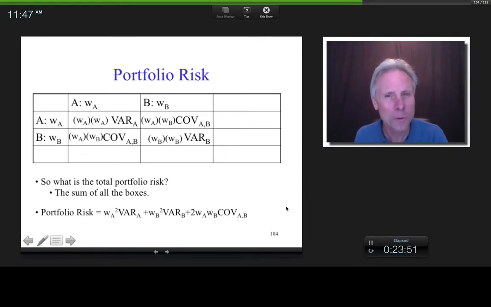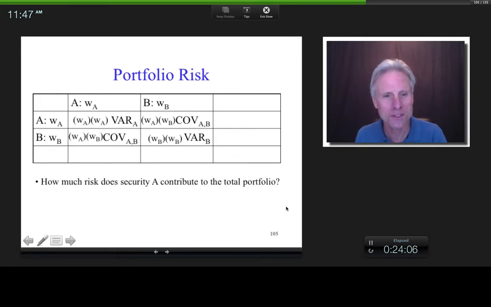And again, why did we want to know total portfolio risk? Well, we want to know how much does any single security add or contribute to this total portfolio risk. So in this example, we've got 4 boxes. 1, 2, 3, 4. How many of those boxes can I apply to security A? Well, would I want to include this one?